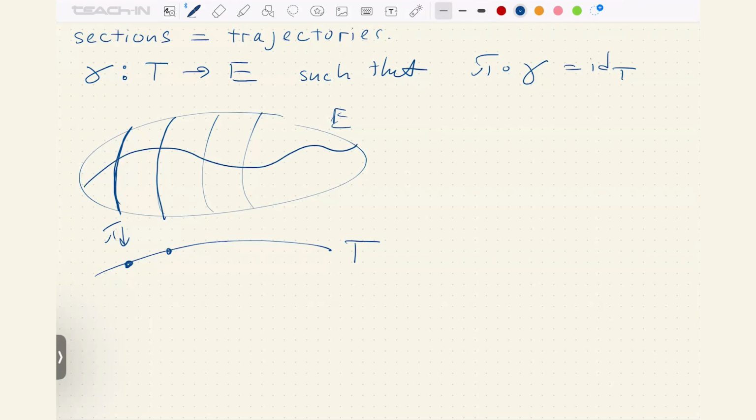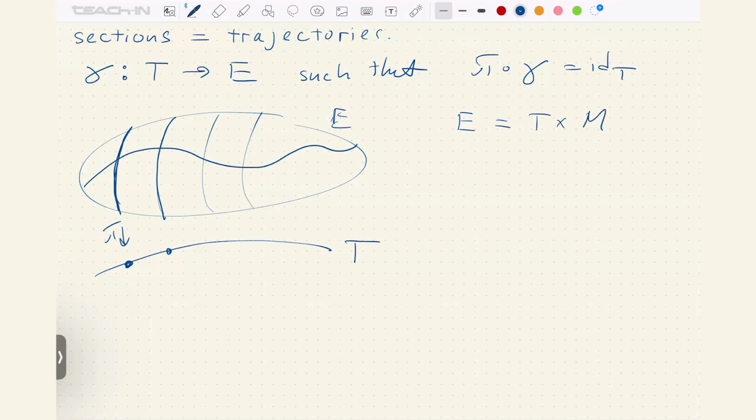So you can think of sections as submanifolds in the total space which bijectively project to T. So they are one-to-one with the base. So these are sections.